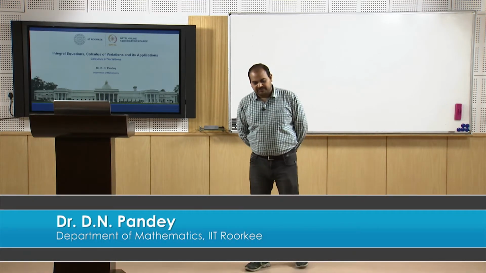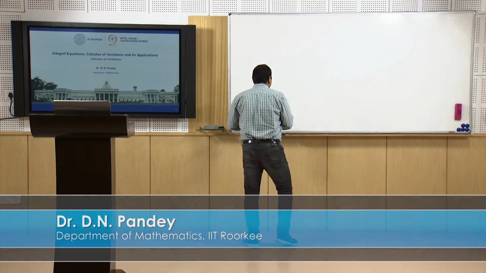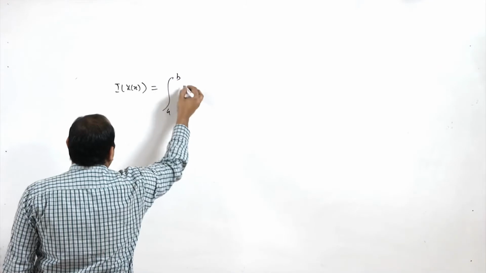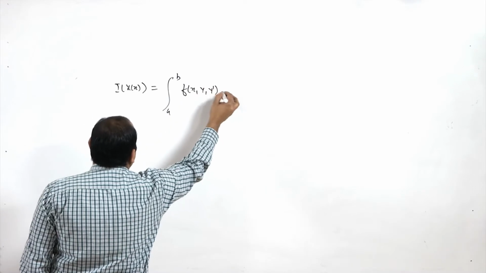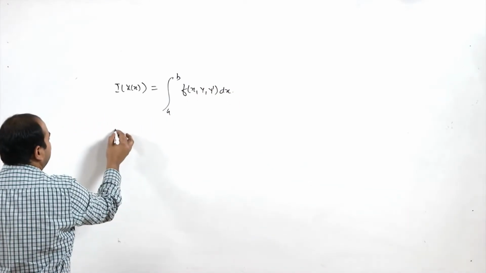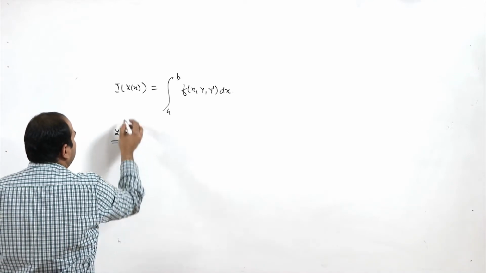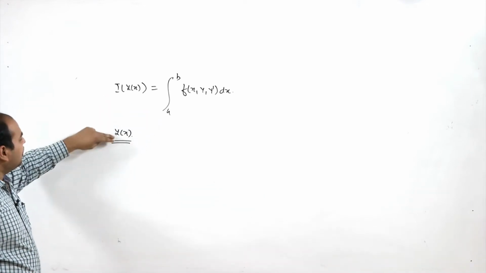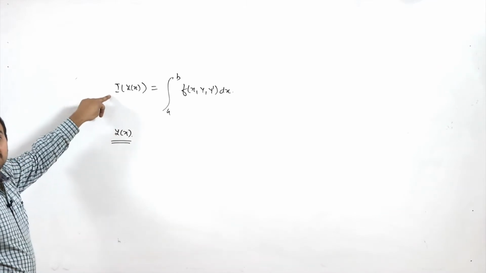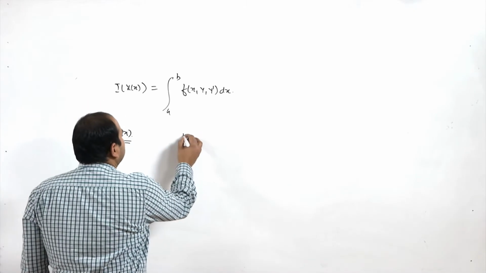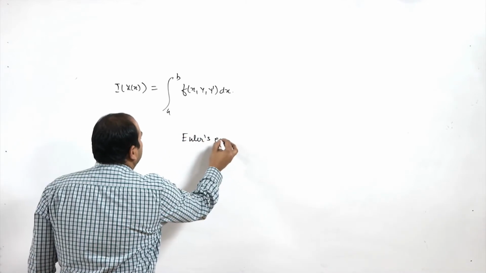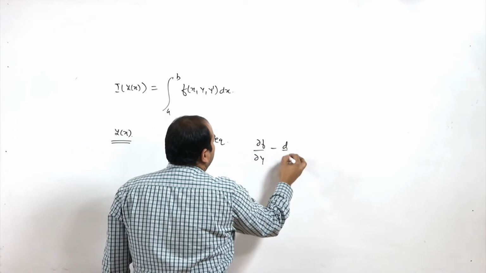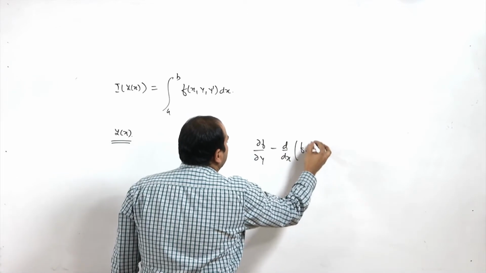If you remember, in the previous lecture we discussed that if we have a functional defined as I of y of x equal to the integral from a to b of f of x, y, y dash dx, and if y of x is a curve on which this functional achieves a maximum or minimum, that is, an extremum, then the Euler's equation we derived in the last lecture, that is, dou f by dou y minus d by dx of f of y dash is equal to 0.